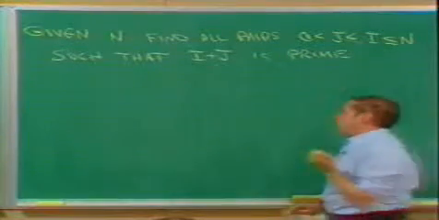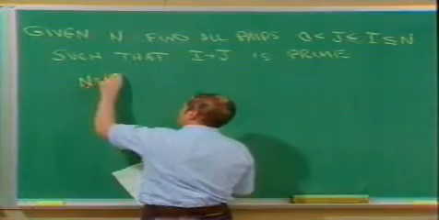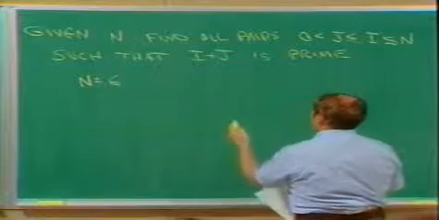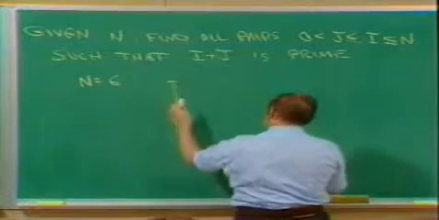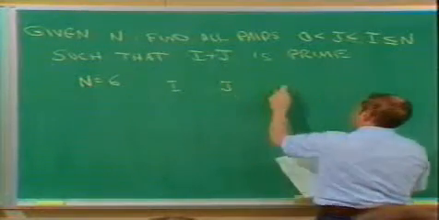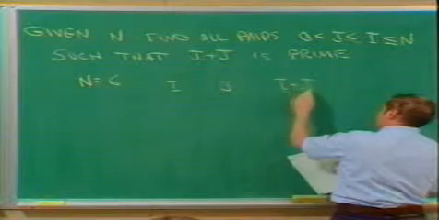So for example, if n equals 6, let's make a little table here. i and j and i plus j.